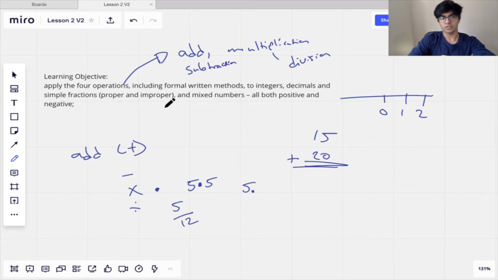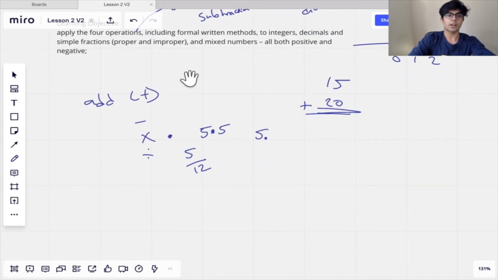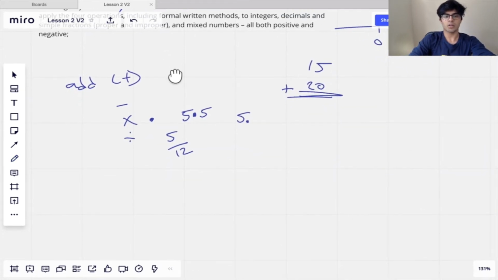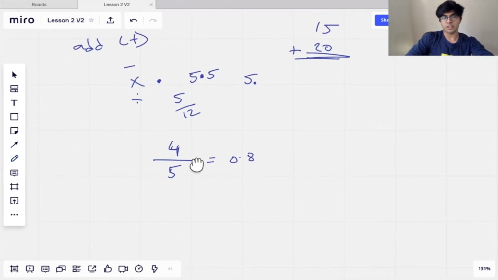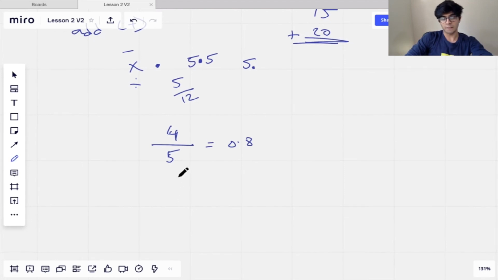Simple fractions. Proper fractions are fractions like 4 over 5. This is a proper fraction because when you evaluate it as a decimal, you'd get a number less than 1. Compare this to an improper fraction, where the numerator is more than the denominator, so 5 over 4, for example.